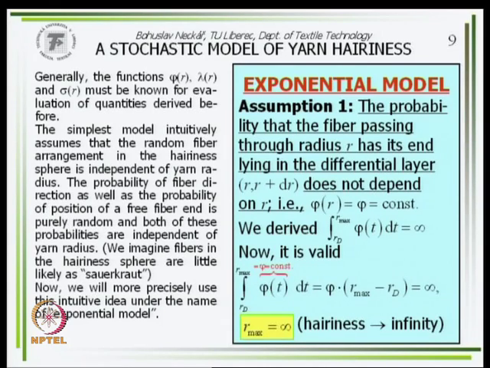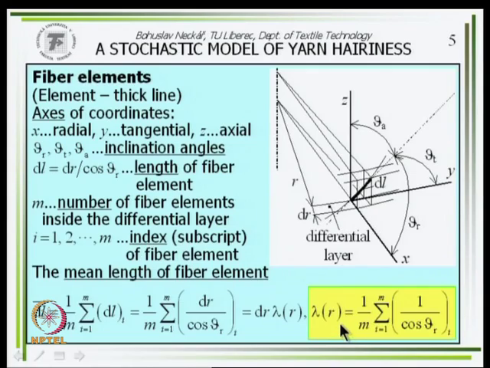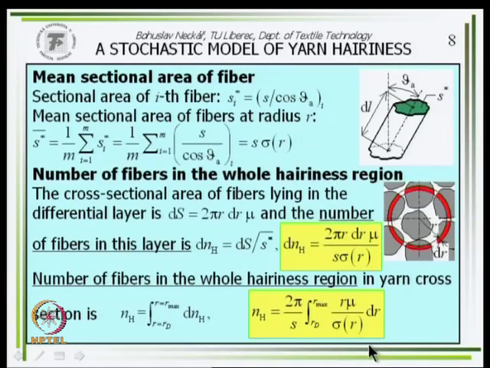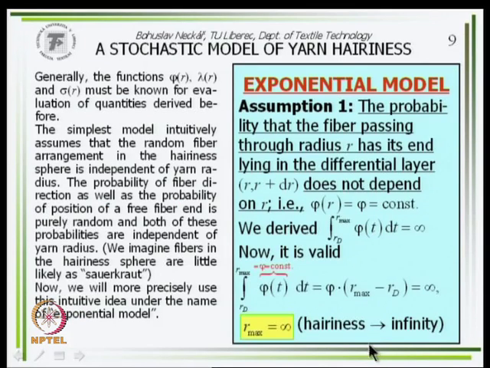And then the couple of functions, sigma r and lambda r. Lambda r is the function of radius. Then sigma r is also the function of radius. And then phi r. These 3 functions we don't know.